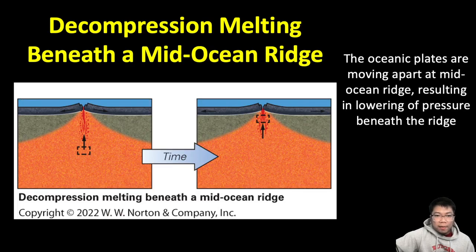And do not forget about decompression melting beneath a mid-ocean ridge. Here we have two plates that are moving apart. So it releases a lot of pressure right underneath the ridge, and it allows the underlying mantle to start to melt because of the lowering pressure. And that is the reason why we have volcanic activity along mid-ocean ridges.